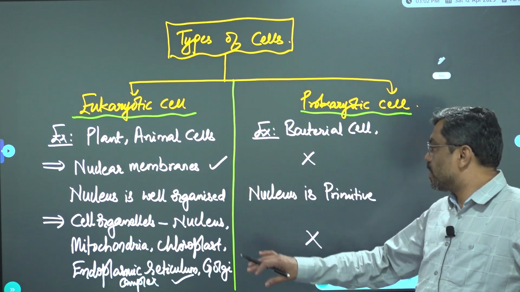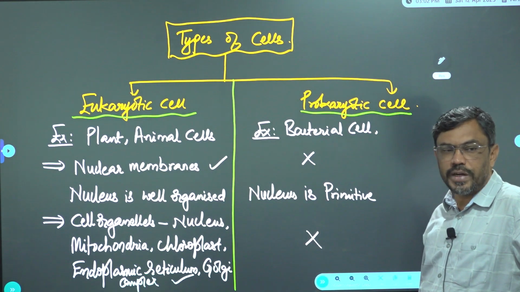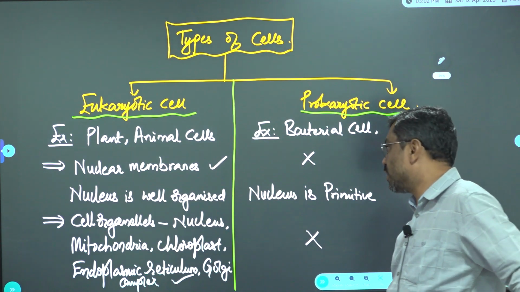All these structures are present in the eukaryotic cell, but these are all absent here in the prokaryotic cell.